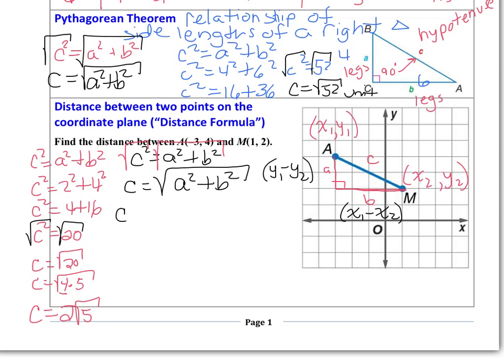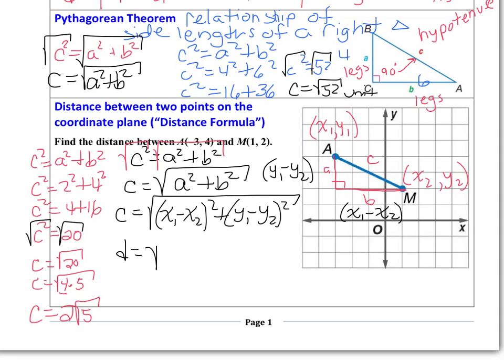And I get c equals, I'm going to substitute the x ones in here for a, and the y for b. It really doesn't matter since we're summing them. And the c here, you'll see in textbooks, is just replaced with d for distance. So this is called the distance formula.